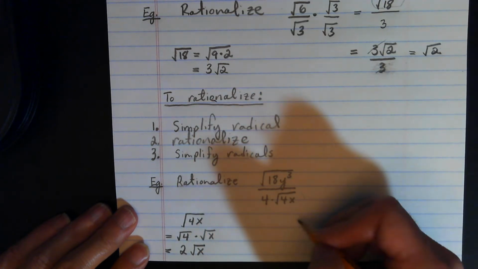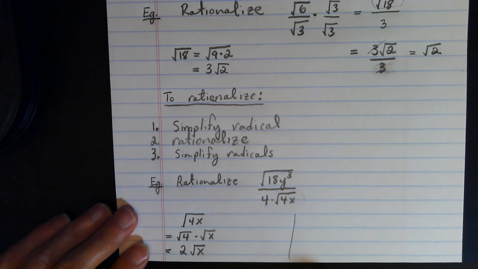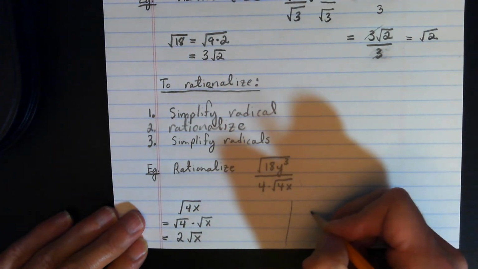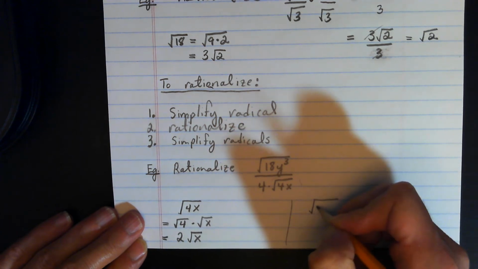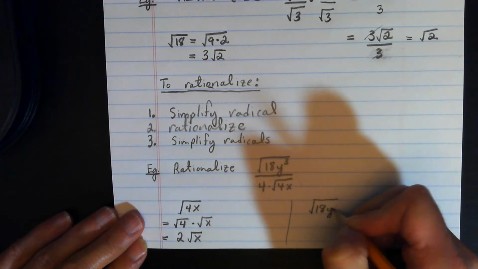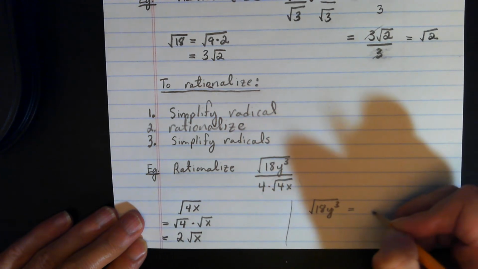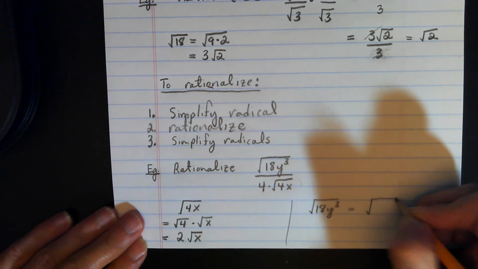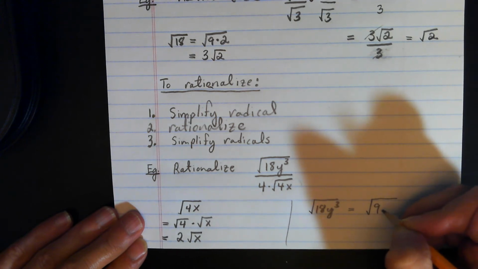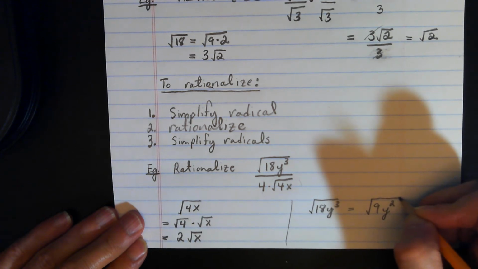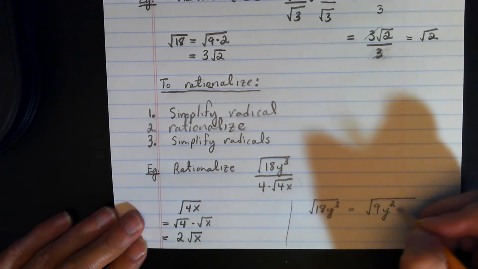Okay, now if we do the square root of 18y cubed, okay, well, this equals, okay, 18 is the same as 9 times 2. I'm just going to order this right off the bat, perhaps convince yourselves. I'm just putting the perfect squares at the front.